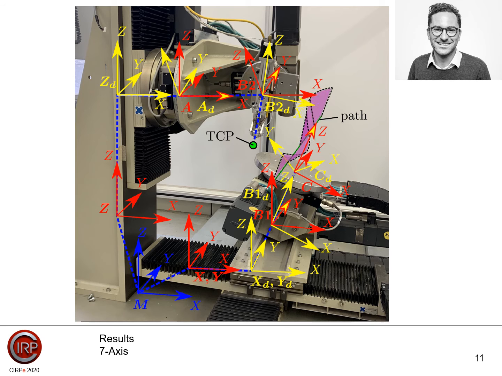A representative task here was to move along the green line that you can see on the table and have a sinusoidal orientation that you can see in the translucent purple surface. This is marked by the dashed path. The tool center point is marked with the green spot.